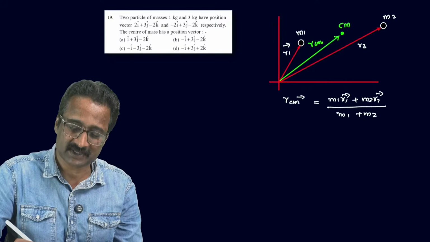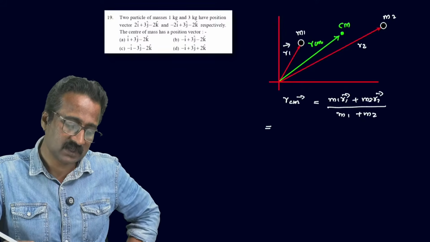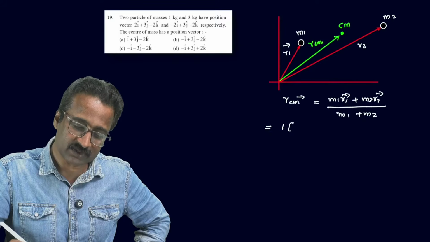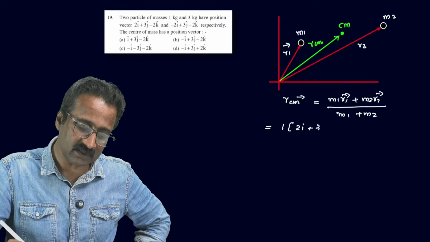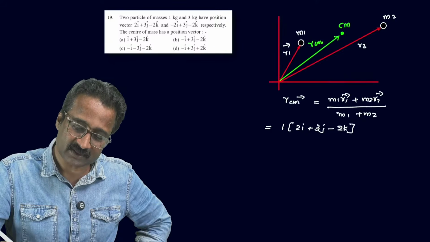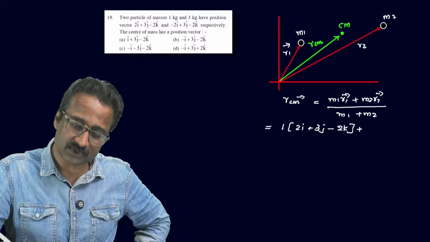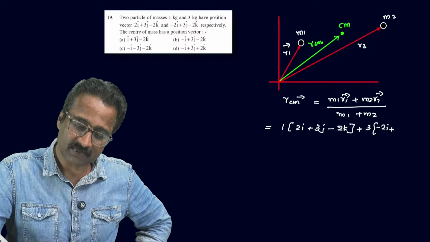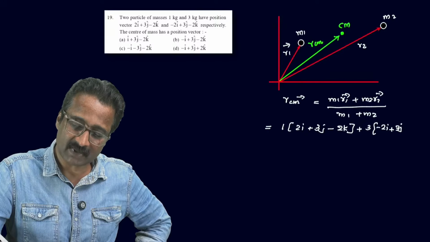It's direct application. Let me put values without mistakes. m1 is 1 kg, into r1, which is 2i plus 3j minus 2k. Hoping that there is no printing error in this. Plus m2 is 3, into minus of 2i plus 3j minus 2k.